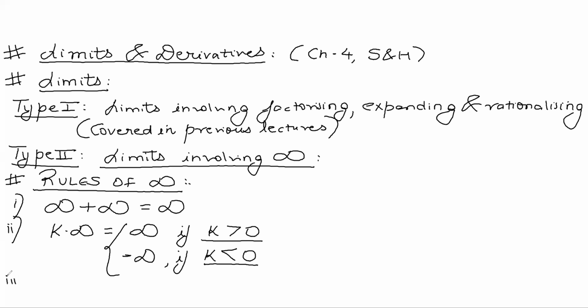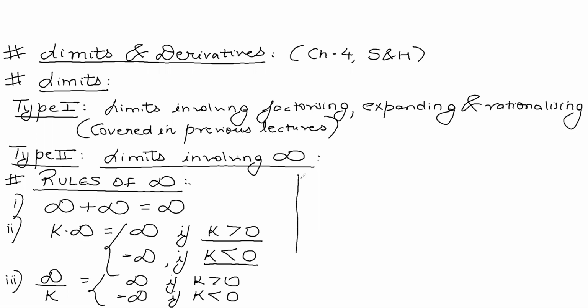The third rule which we had done in the previous lecture: infinity divided by k will be equal to plus infinity if k is positive, minus infinity if k is negative. If you divide infinity by a constant, you get infinity if k is positive and minus infinity if k is negative.